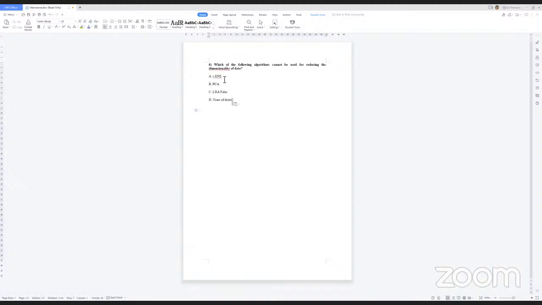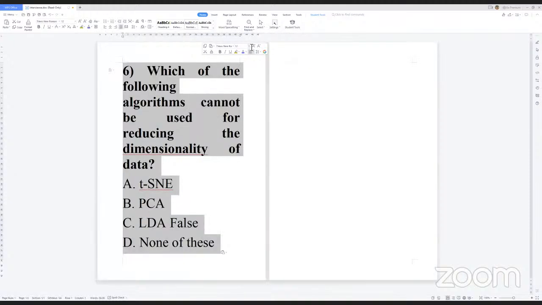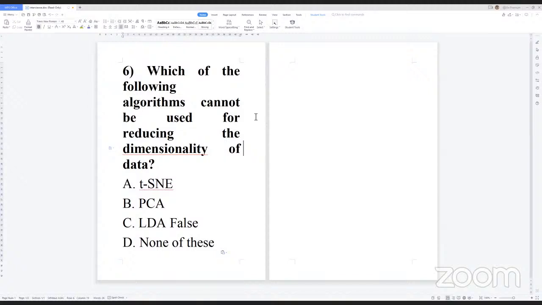Next question. So the next question, which is the sixth question, which of the following algorithms cannot be used for reducing the dimensionality of data? The options are A, t-SNE, B, PCA, C, LDA, and D, none of the above, or none of these.